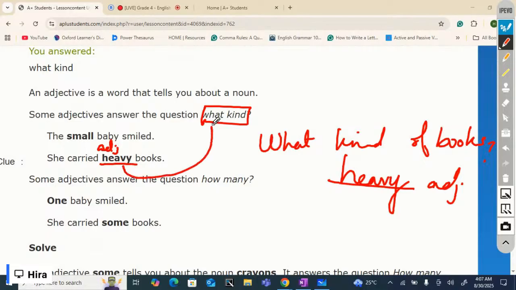First, it answers the question what kind, and second, it tells about this noun, books. It describes this noun books, and it tells what kind of thing it is. So, heavy is an adjective.